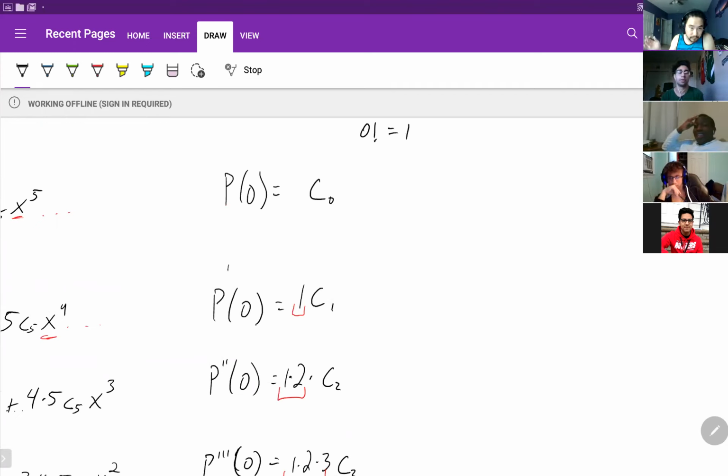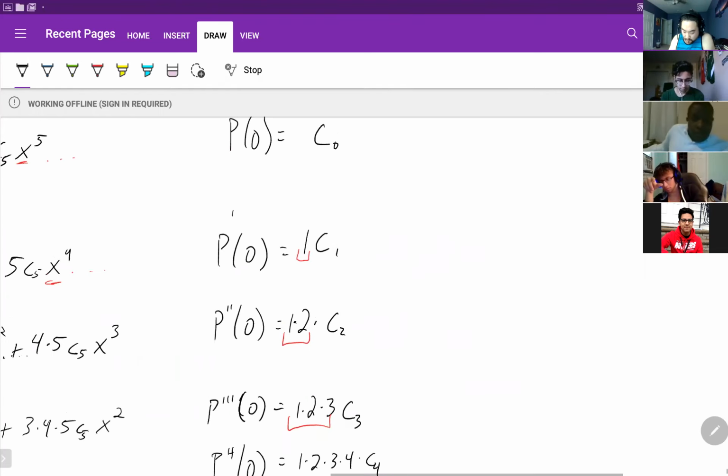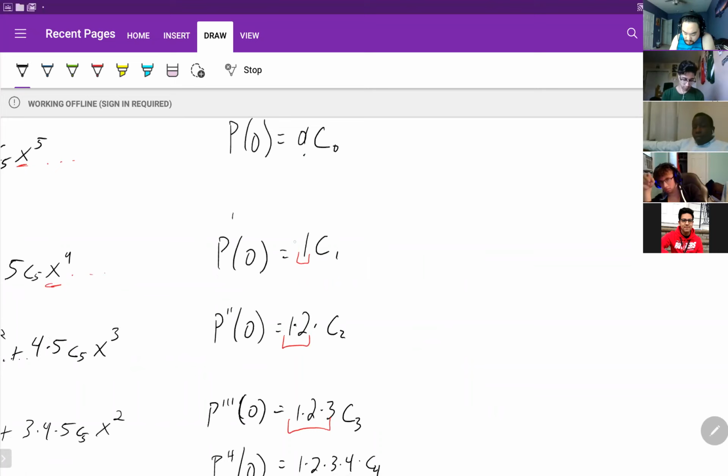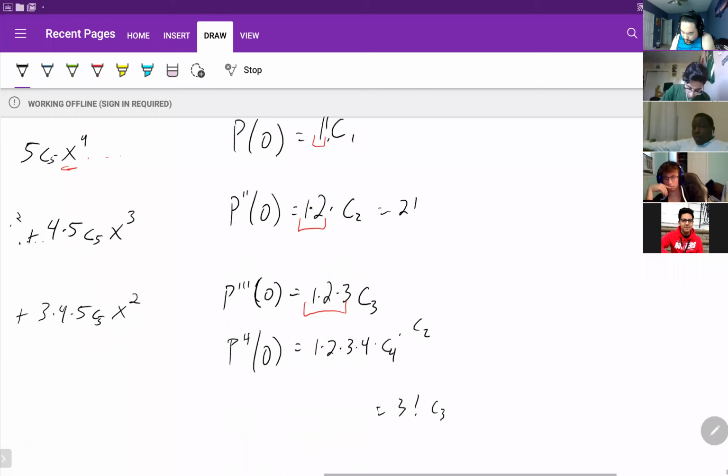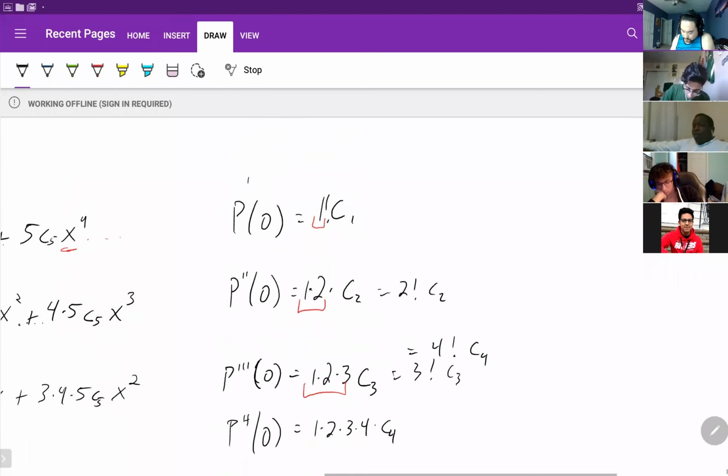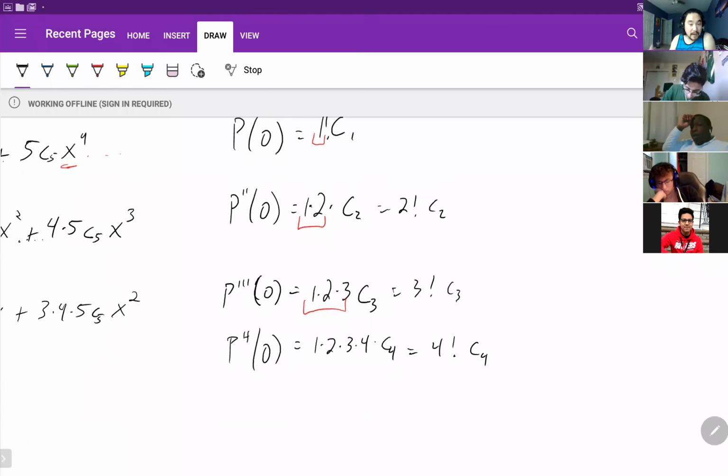There's a long proof for it in math, but it's a thing you're supposed to know. What we have here is a pattern of factorials. This is 2 factorial C2. This is 3 factorial C3. This is 4 factorial C4. We see a pattern of factorials emerging here.